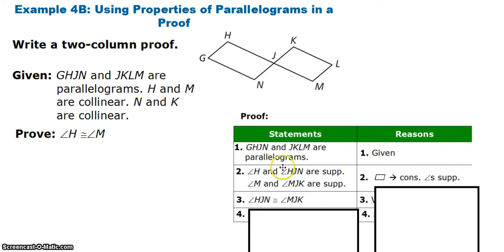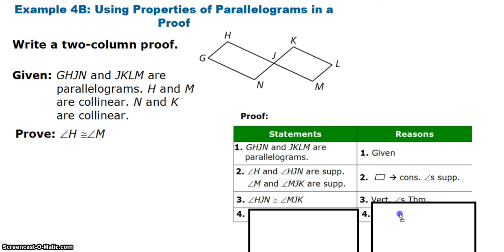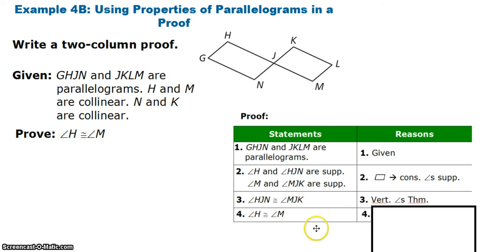Therefore, we can say HJN and MJK are congruent. Well, that's vertical, right? That's vertical angles. And so we can say that angle H is congruent to angle M, and that's by the congruent supplementaries theorem. Okay, they're both congruent to the same supplementary angle.